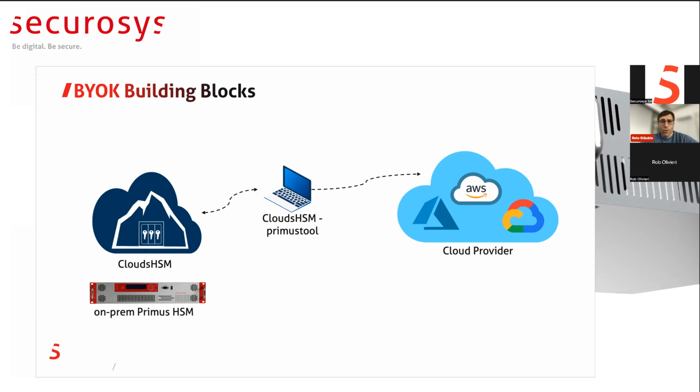Cloud HSM or Primus HSM can be used directly to deliver bring your own keys to the cloud provider. All cryptographic functions are available over APIs. And if required, you can pass randomness for your evaluation by statistical tests.